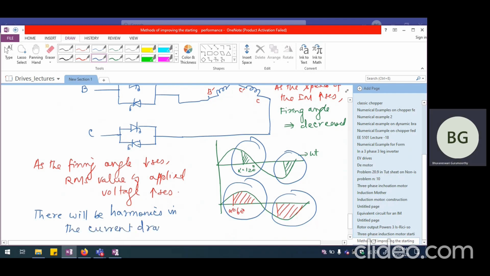If there are harmonics in the current drawn by the induction motor, then definitely it is going to have certain ill effects. We will talk about this as we go along, because this is going to cause a huge amount of vibration in the shaft of the induction motor. So that's not a very good thing. However, soft start is generally used during starting particularly because it's a low cost arrangement.